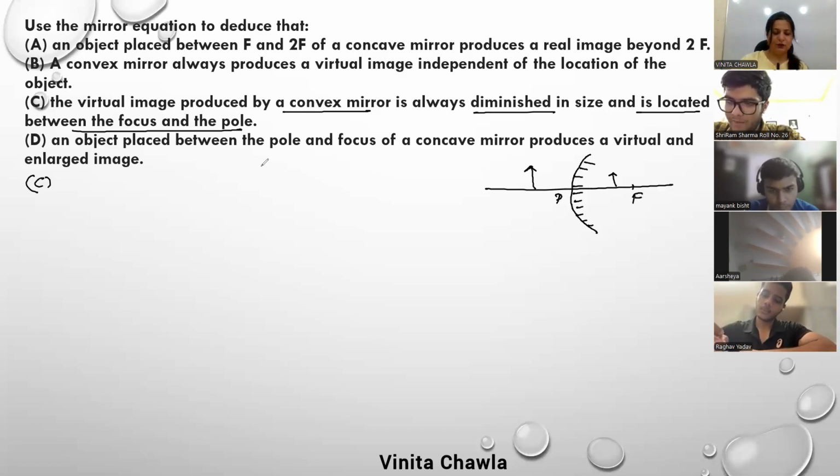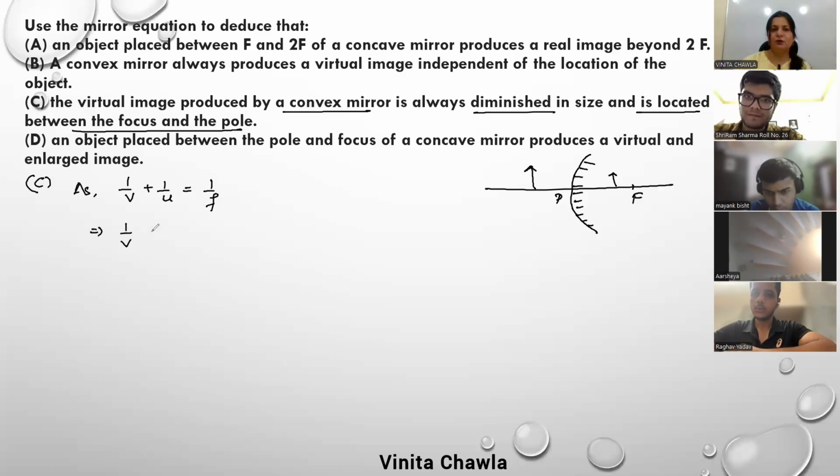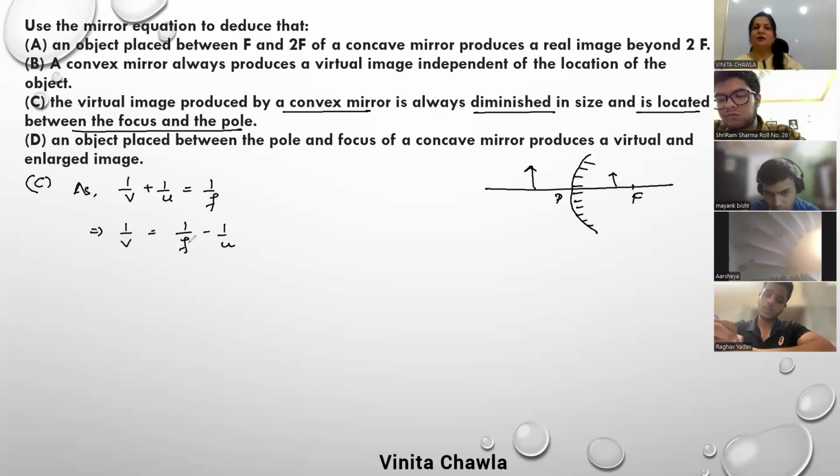How will you prove it? Tell me. See, because we know the mirror formula, 1 upon V plus 1 upon U is equal to 1 upon F. So this implies 1 upon V is equal to 1 upon F minus 1 upon U, right? We are subtracting something from this to get this. So what does it mean?